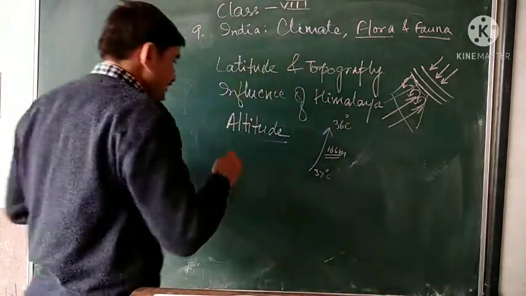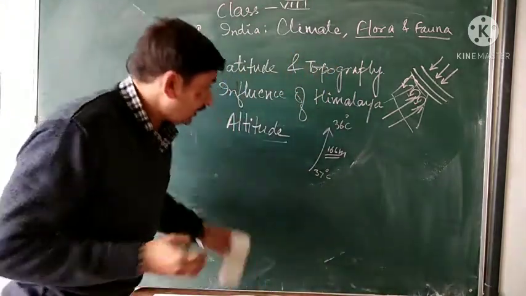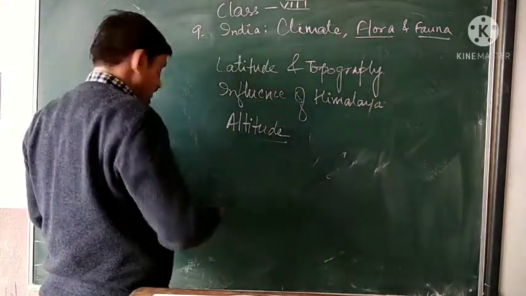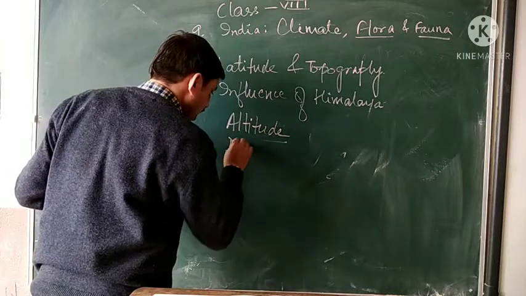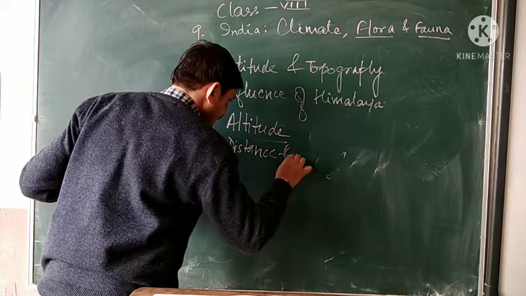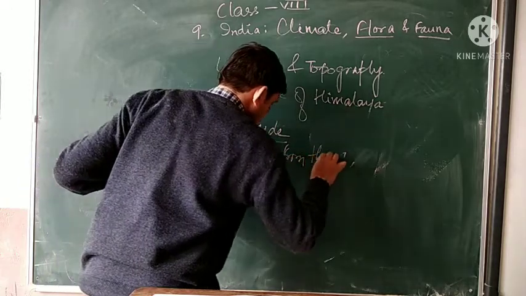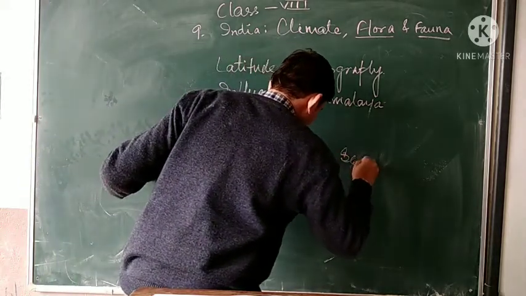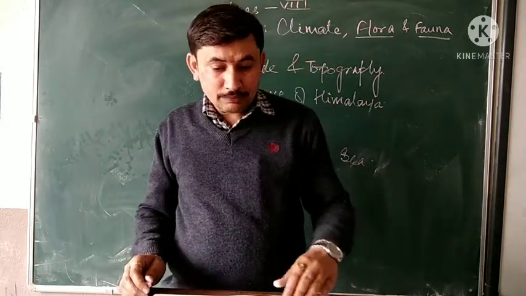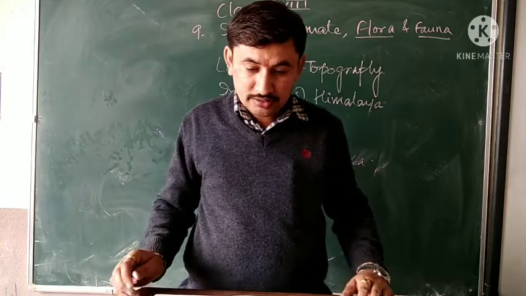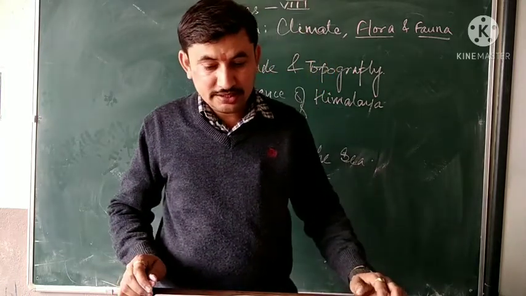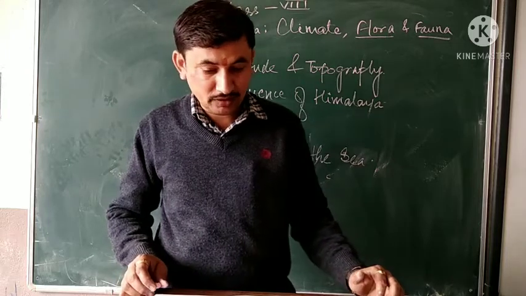Next one is distance from the sea. The places situated in the interior experience the extreme or continental type of climate, whereas the places situated in the coastal region experience the marine or equable type of climate.